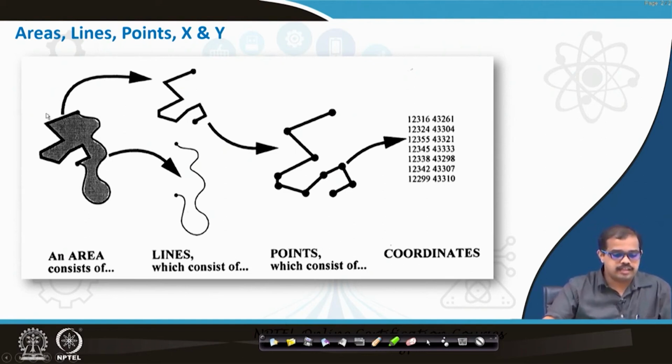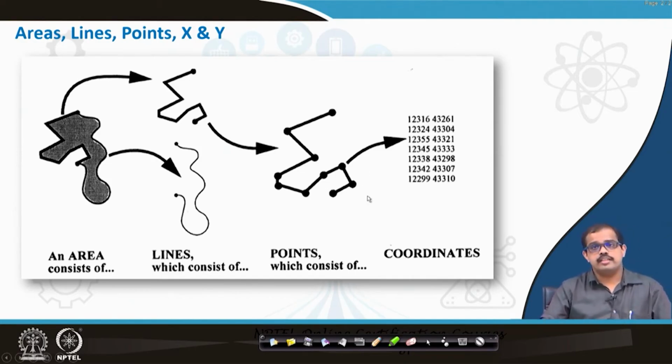Areas consist of a number of lines, each line consists of a number of points, and each point represents a coordinate. So, each of these are different coordinates in this particular system. If you have coordinates you can develop the area, and if you have areas you can break them down into different coordinates.